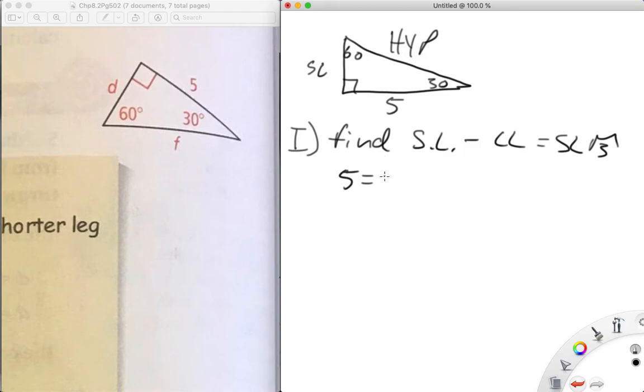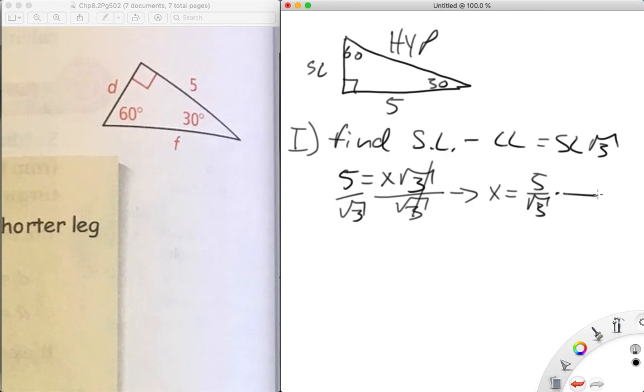I'm looking for the short leg, so I'll call that x square root of 3. Divide both sides by square root of 3. That cancels, and I get that the short leg, or x, is equal to 5 over square root of 3. Remember, we can't have a square root of 3 on the bottom, so I'm going to multiply top and bottom by square root of 3.